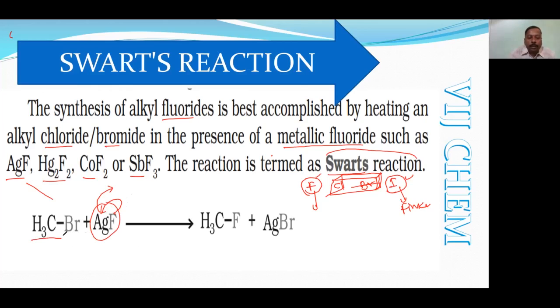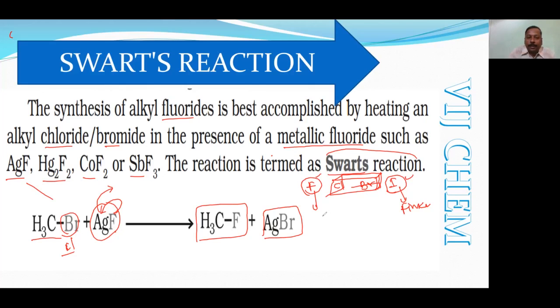Here it is not necessary that bromine will be there. You can keep chlorine also. So CH3Br or CH3Cl plus AgF, when treated, CH3F will be formed. Simple. It is just like a double displacement or exchange reaction. Now the question is the summary juice.